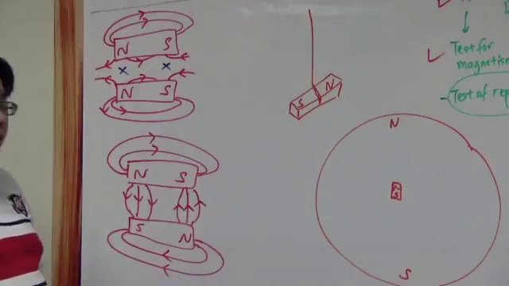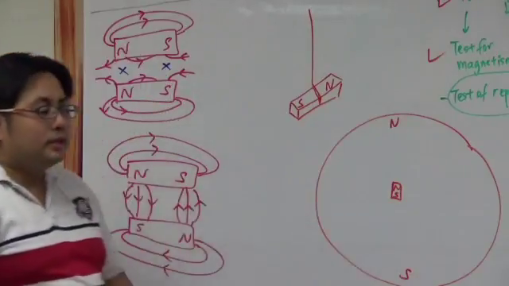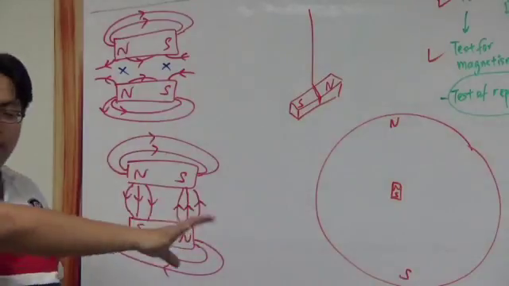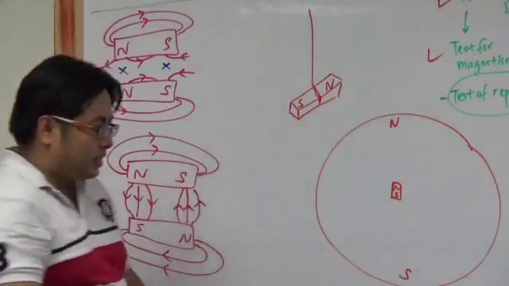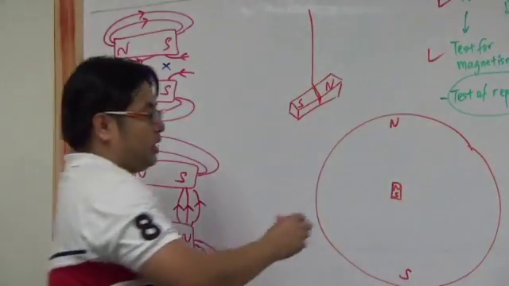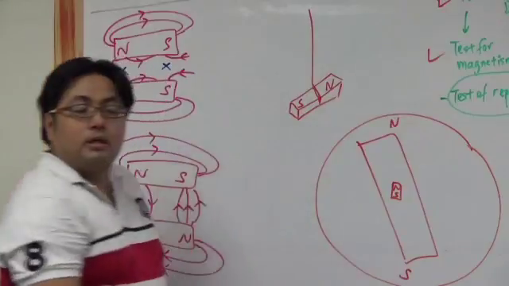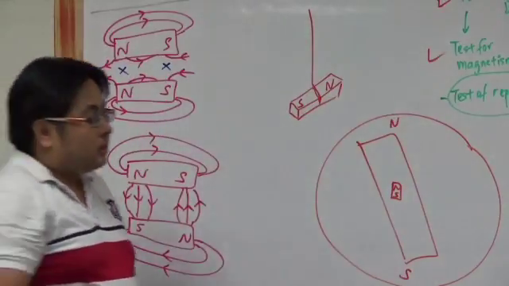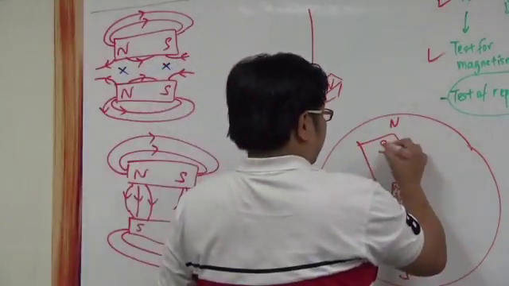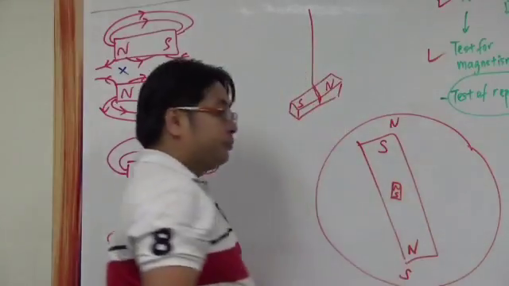Exactly, that's very correct. So actually what happens is this: our Earth was designed in such a way that the metals are arranged in this manner, tilted, which is pretty amazing, so that this is actually the south and this is actually the north.